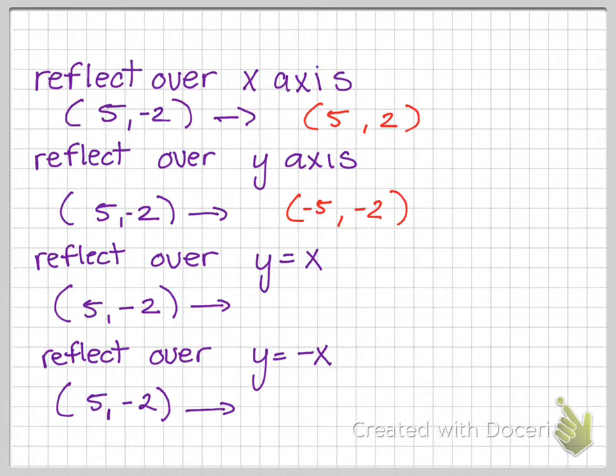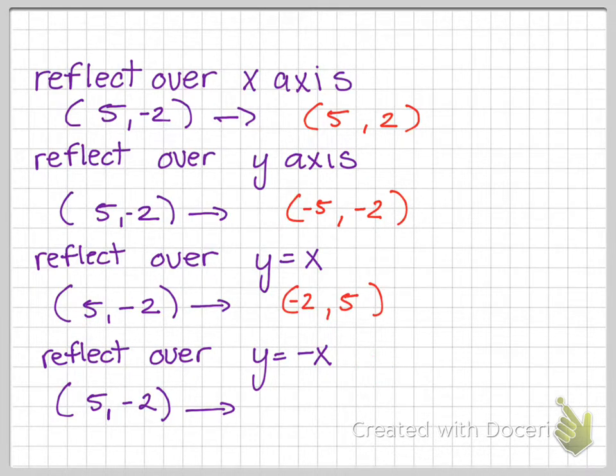If you're reflecting over y equals x, that was that positive line, y equals x, positive slope of 1. Remember, they flip-flopped, so the x went to the y and the y went to the x. So it would be a negative 2, 5 in this case.